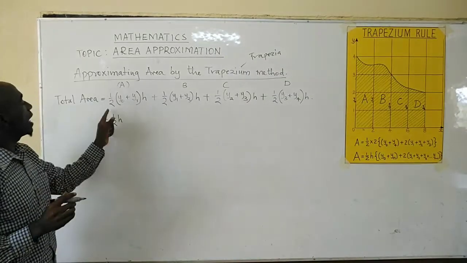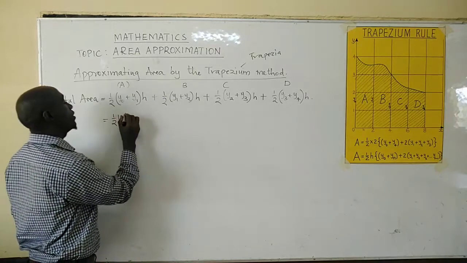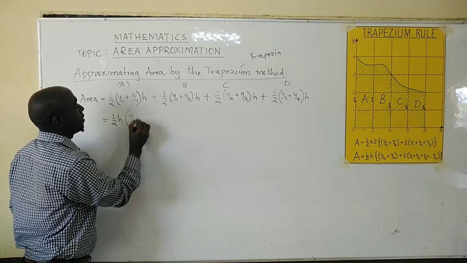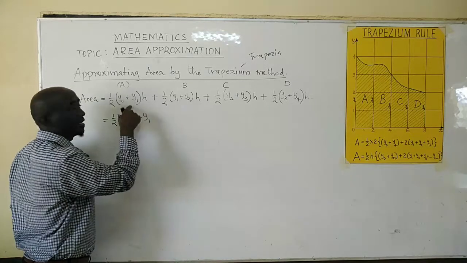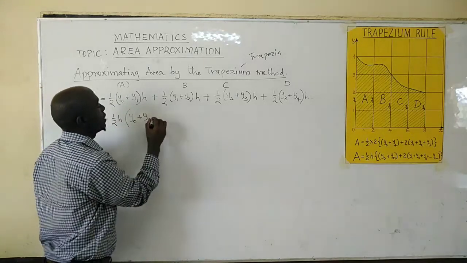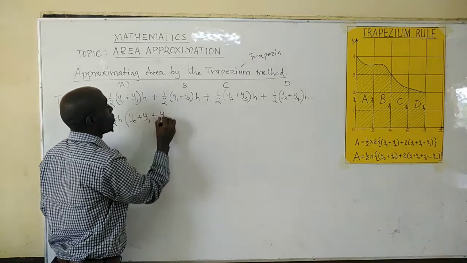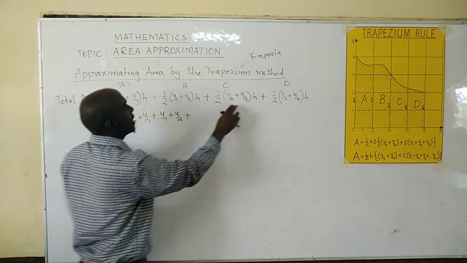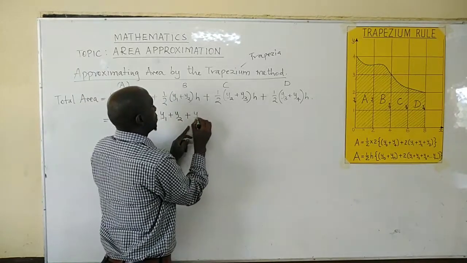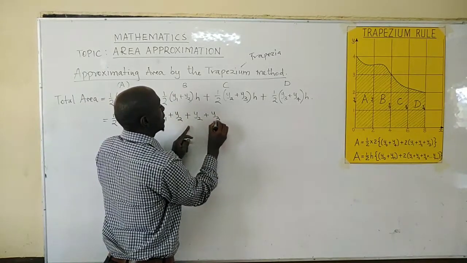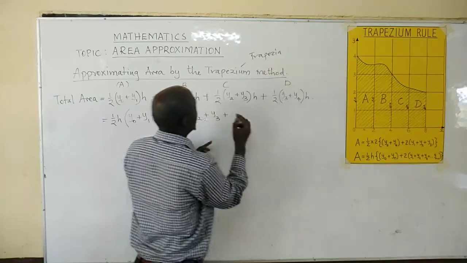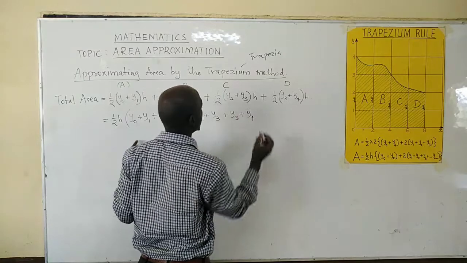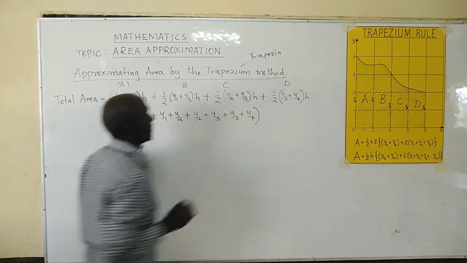So factor out a half h, you will remain with y0 plus y1, plus y1 plus y2, and here we have y2 plus y3, and then the last one here, y3 plus y4. Close the bracket.